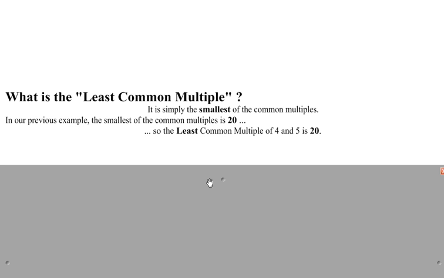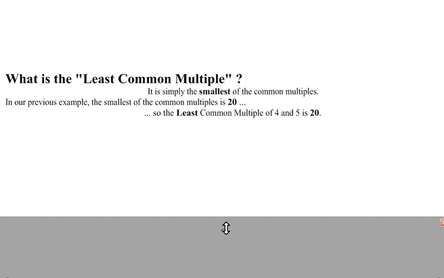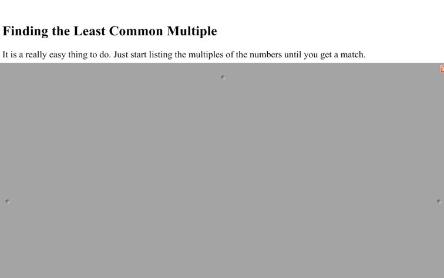Okay, so now what is the least common multiple? Well, it's simply the smallest of the common multiples that we found. In our previous example, the smallest of the common multiples was 20, not 40. Now finding the least common multiple is really pretty easy.